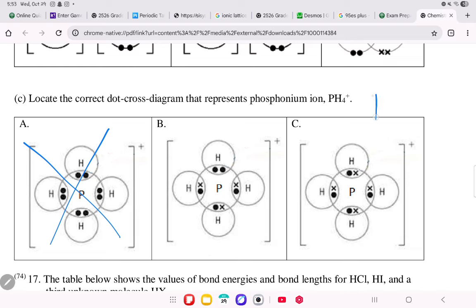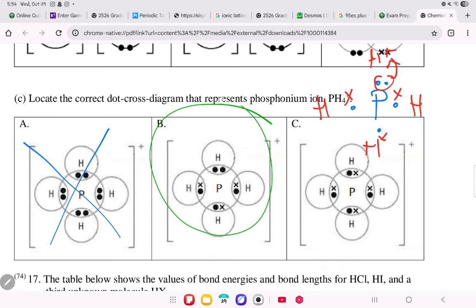It will have 1, 2, 3, 4, 5 valence electrons, and then it would have a hydrogen over here, and hydrogen over here. And then let's say they got an H plus, right? So this is electron deficient, this is a lone pair, it will go to the electron deficient. So it's going to be a coordinate bond, which is definitely part B.